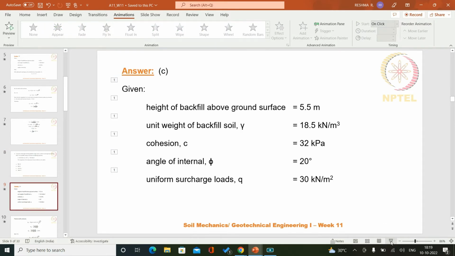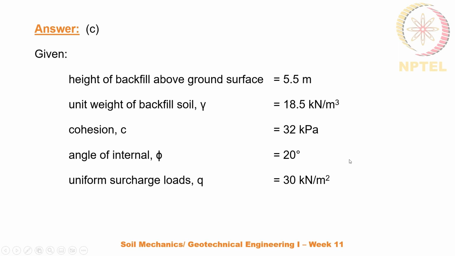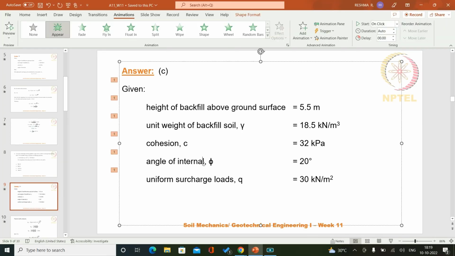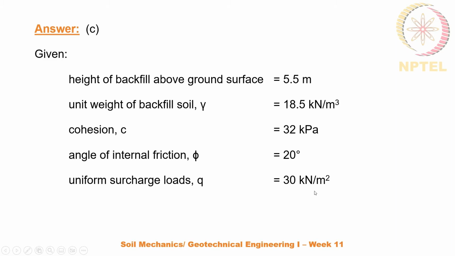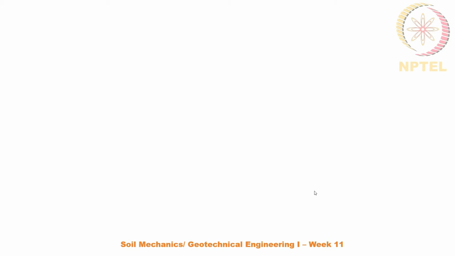The cohesion is 32 kilopascal. Angle of internal friction phi is 20 degrees and uniform surcharge load is 30 kilonewton per meter square. So these are the given values.